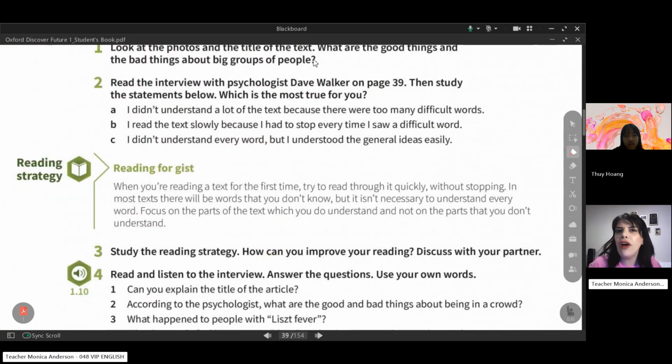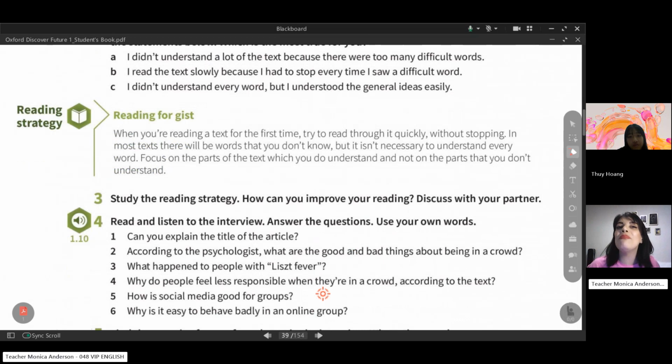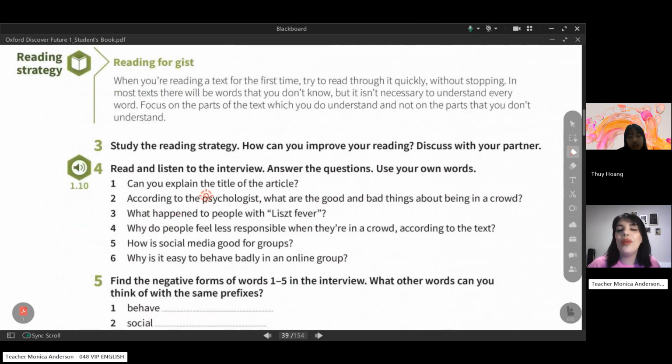And if you find a word difficult, you just need to read the sentence before it and the sentence after it. Then you can get the meaning of the word, not perfectly, but maybe almost 40% of the meaning. Here, we're going to read and listen to the interview and answer some questions, okay?